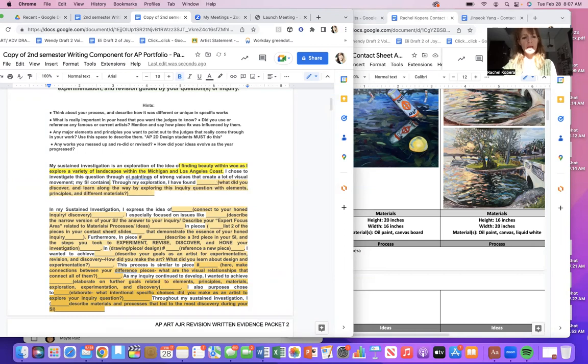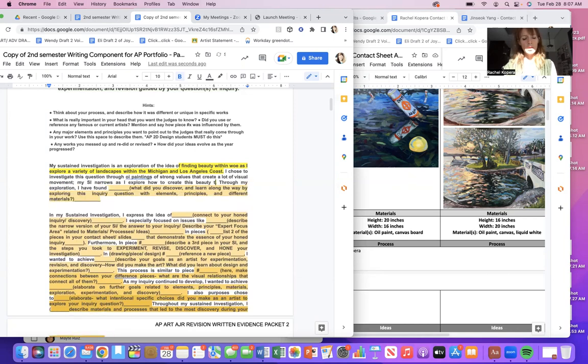My SI narrows as I explore how to create this beauty through an exploration of portraiture and landscapes containing my students. And then I could continue to rewrite and hone it and go back.